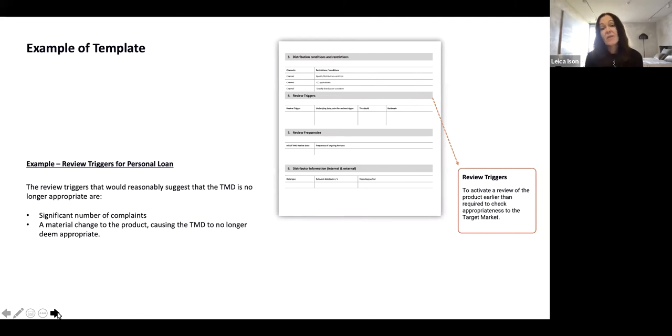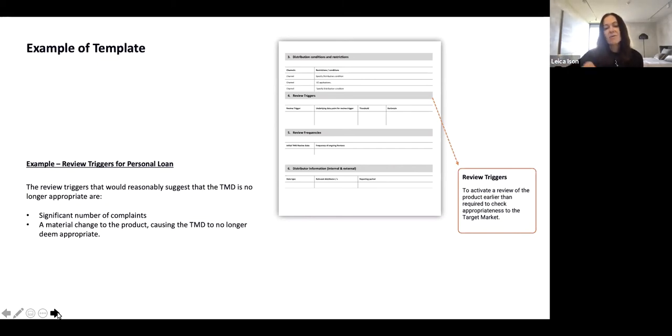Now, the second area that I'm seeing is that teams are setting the same review triggers across all of their products. It makes sense as we think about the different products that we've got in our portfolio, they're going to be at different life stages. You might have a recently launched product versus a very mature product.